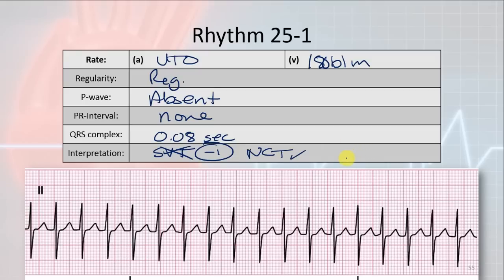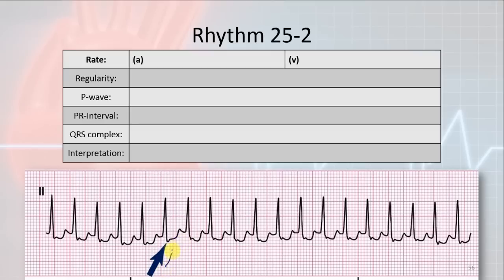If you remember the difference between typical and atypical AVNRT, in typical, the P wave is smashed up into the QRS complex. In atypical, the P wave is displaced. Is this a normal T wave or an abnormal T wave? I don't know if that's a normal T wave or not for this patient, so I don't know if this is typical or atypical. If you put narrow complex tachycardia, though, you'll be fine.